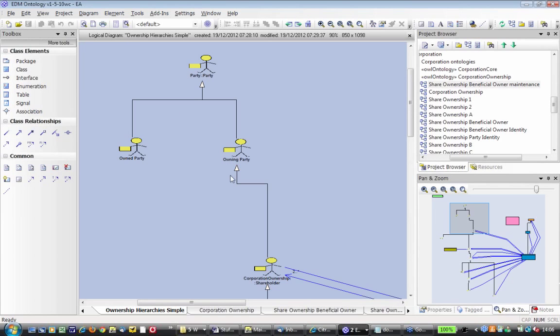Bear in mind we have this concept of a party, and we talked about a party being anything that stands in a role, and we cleaned up the whole question last time of what sorts of things can be parties and what sorts of roles, and shareholders in particular can be anything that can be a party.